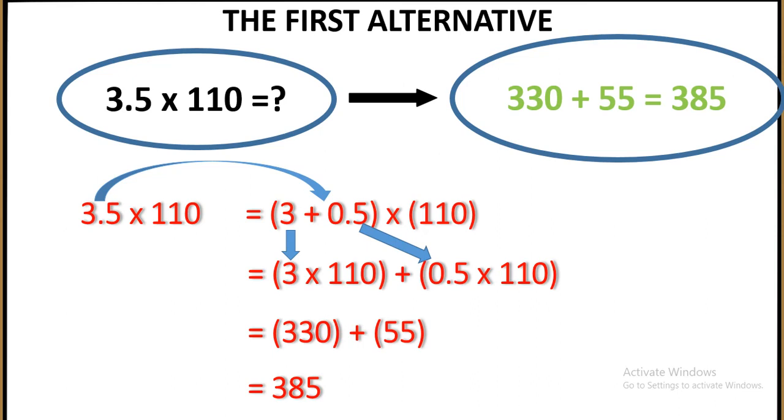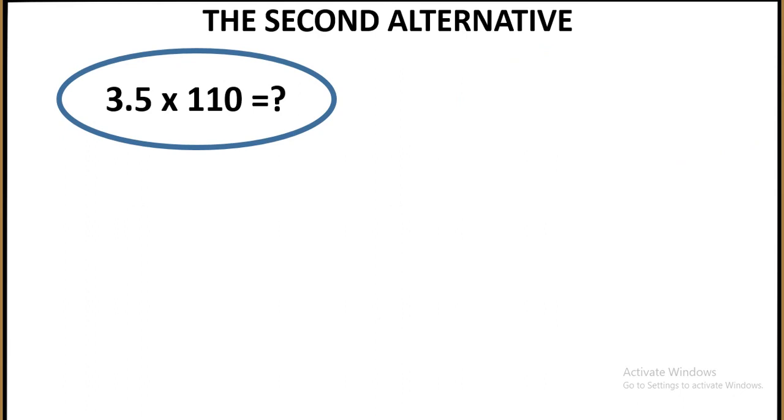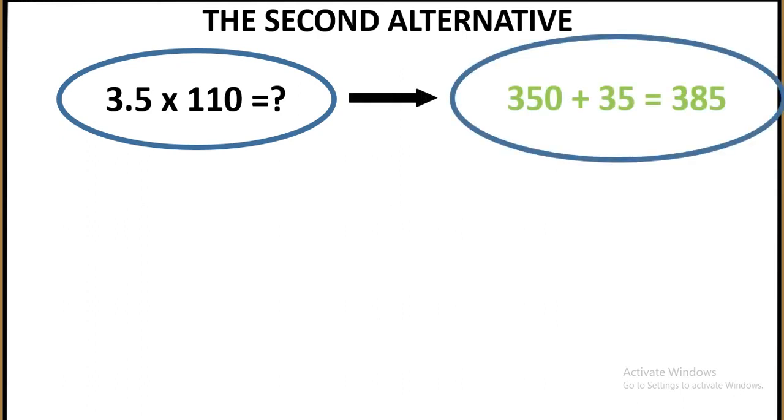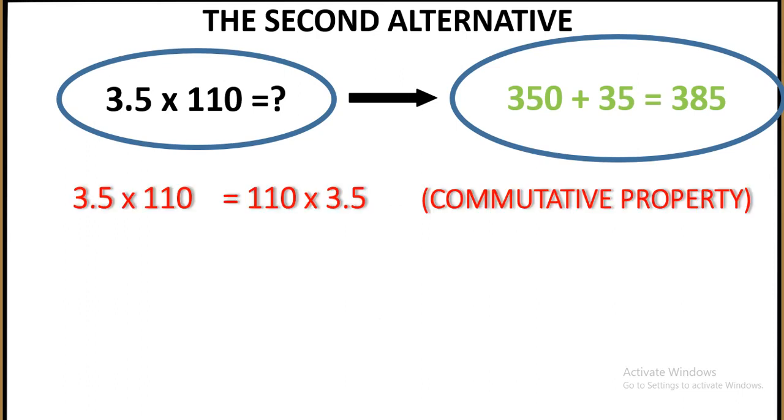Let's see the second alternative. 3.5 times 110 is equal to 350 plus 35. How can we do this? In this alternative, we use the commutative property. 3.5 times 110 is equal to 110 times 3.5.